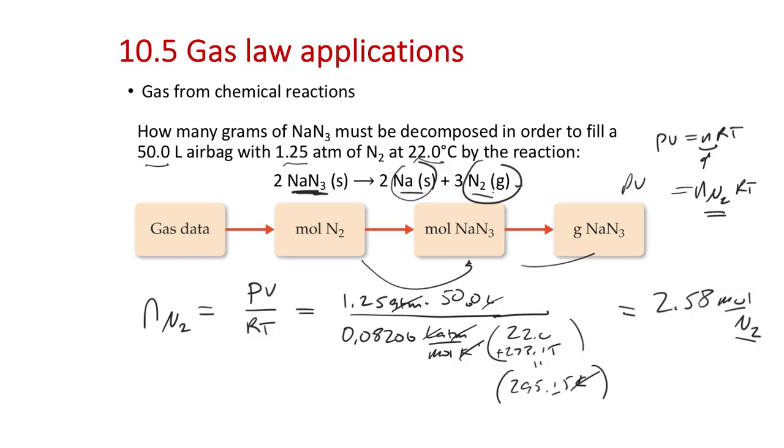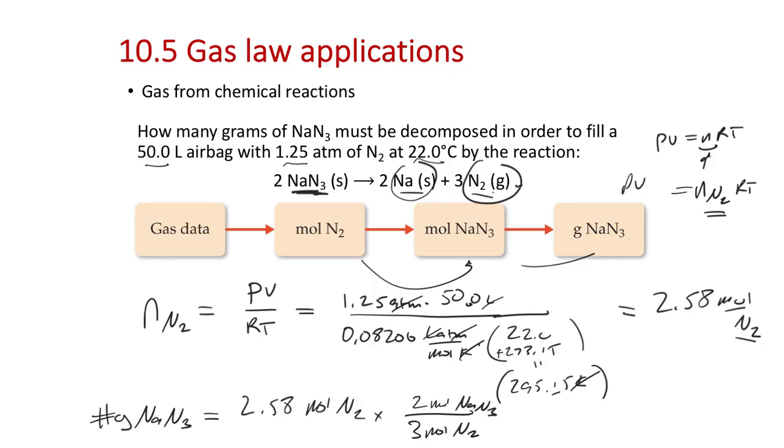So we're going back to just a little review of stoichiometry. The number of grams of sodium azide that we need here should be able to be calculated from the 2.58 moles of N2 that we need to produce. Now for every 3 moles of N2 that are produced by this reaction, 2 moles of NaN3 had to decompose. And then I just need to use the molar mass of NaN3.